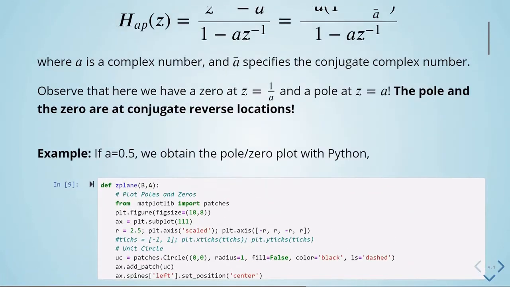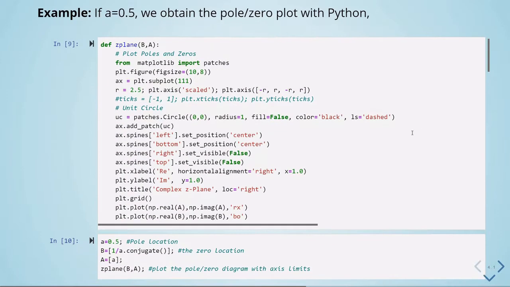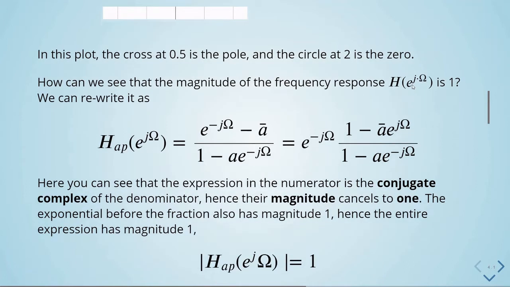So how can we see that indeed this is an all-pass filter, that the magnitude of this transfer function is 1? So if we rewrite the frequency response, replacing z by e to the power of j omega, we will see now this 1 here before the exponential has magnitude 1.